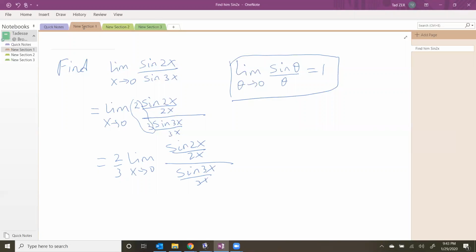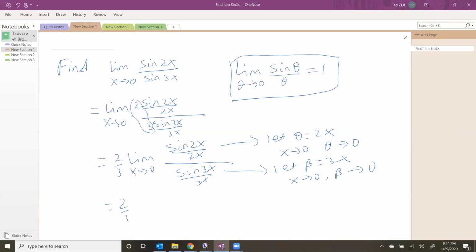For this one, let theta equal 2x. As x goes to 0, theta goes to 0. For this one, let beta equal 3x. As x goes to 0, beta goes to 0. Because each limit exists, the limit of the quotient is the quotient of the limits.